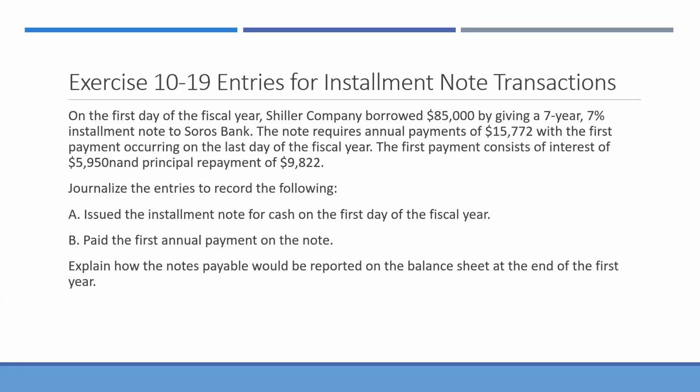So on the first day of the fiscal year, Triller Company had an $85,000 note, 7-year, 7%, annual payments of $15,772. The first payment is interest and principal payments as follows.